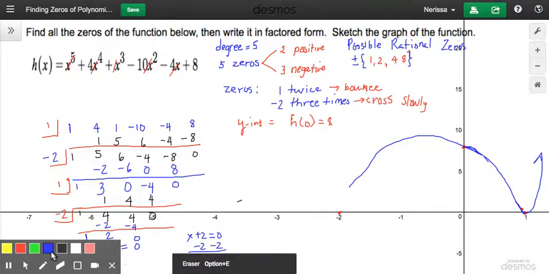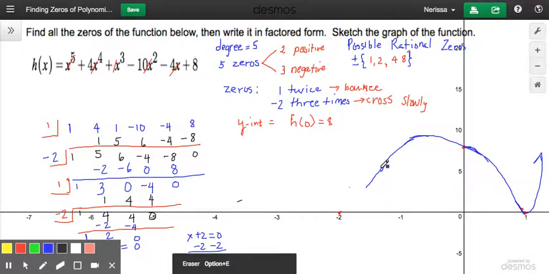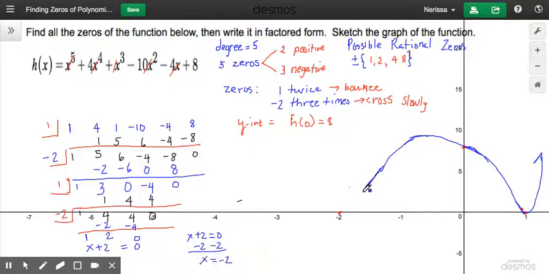So maybe when it's coming down, it may come down here, and as it approaches this, it's going to kind of cross the x-axis slowly at x equals -2. So this is how the graph should look.